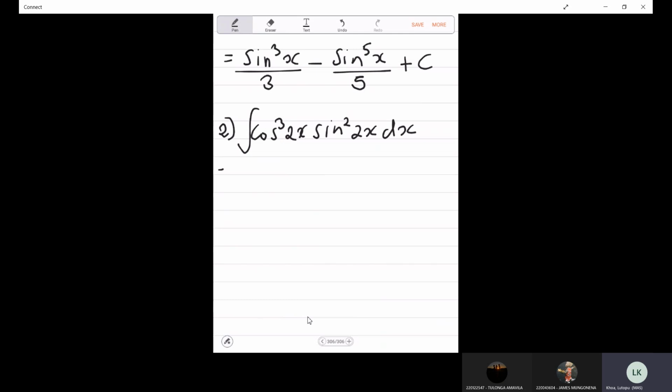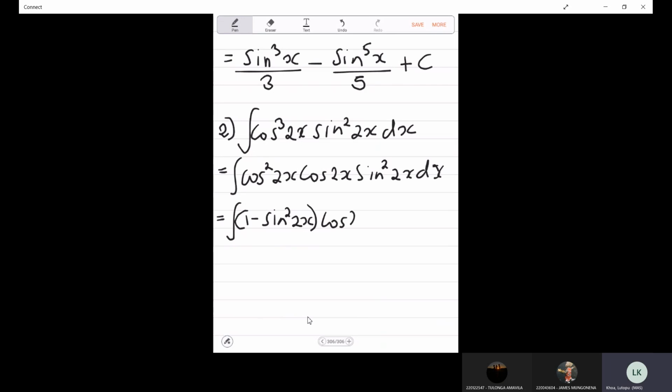So this is the integral of cos squared of 2x, cos 2x, sine squared 2x dx. And then the cos squared, we rewrite as 1 minus sine squared. So this is the integral of 1 minus sine squared 2x, cos 2x, sine squared 2x dx.